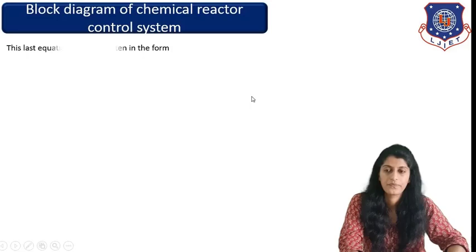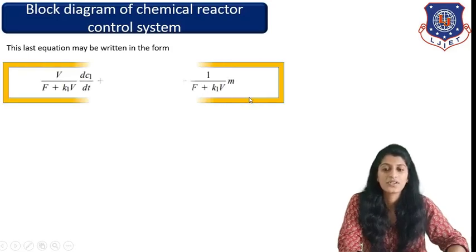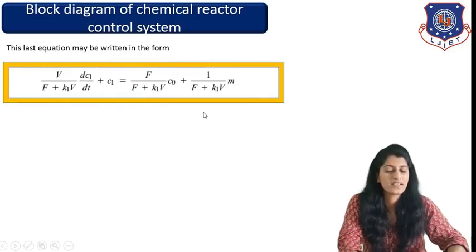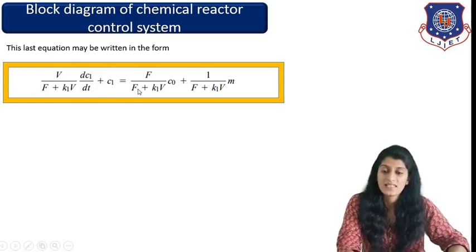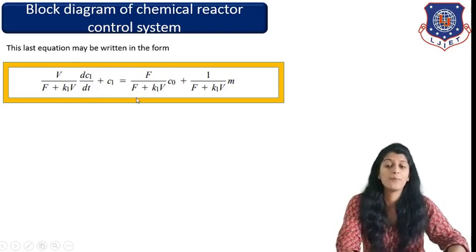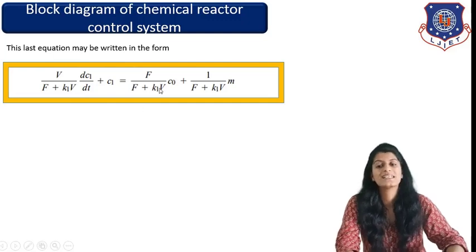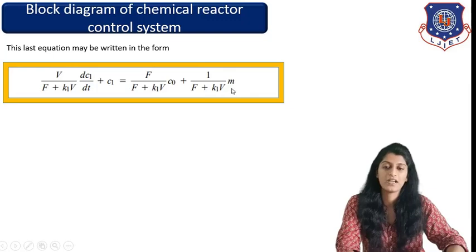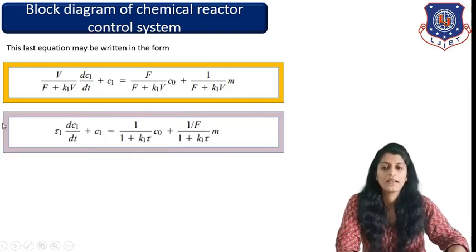Now, the last equation which we have written can be written in this form: V upon F plus K1V dC1 by dt plus C1 is again equal to F upon F plus K1V C0 plus 1 upon F plus K1V into M. Now, you can take this constant as tau.